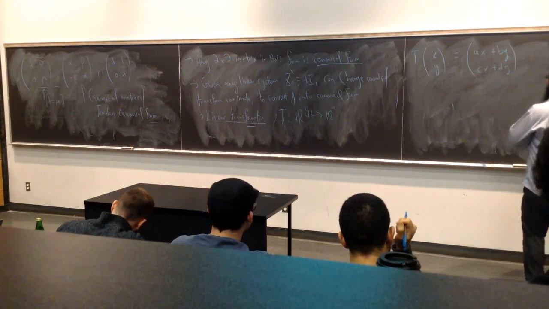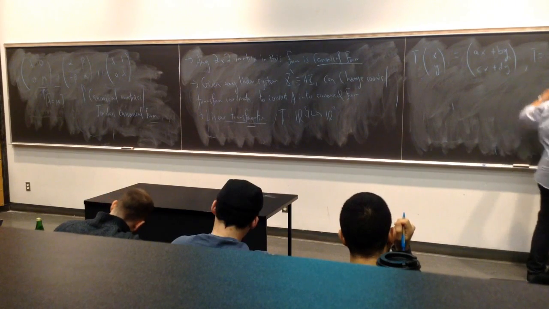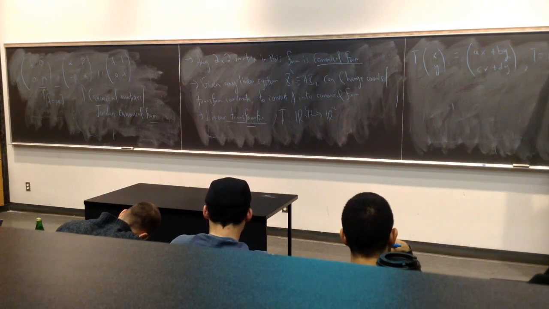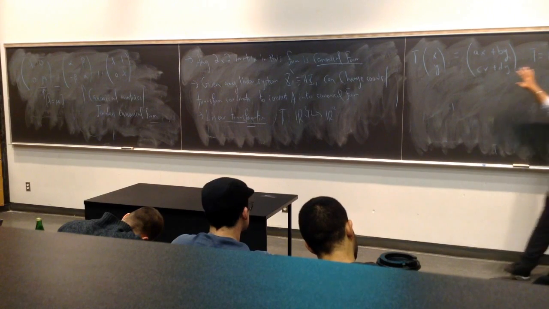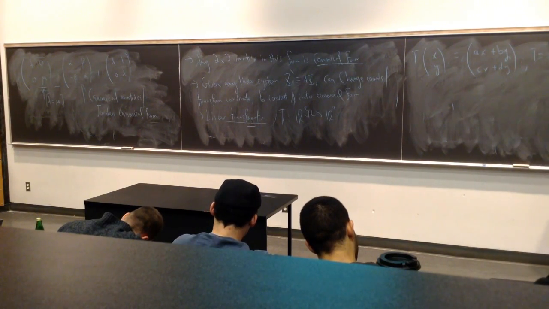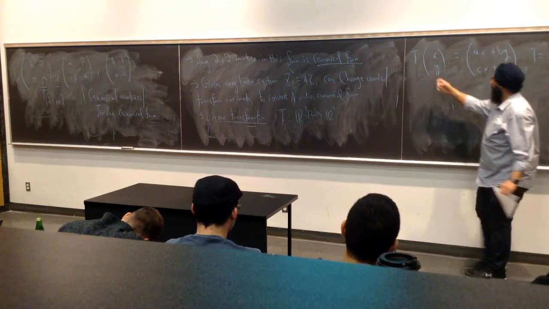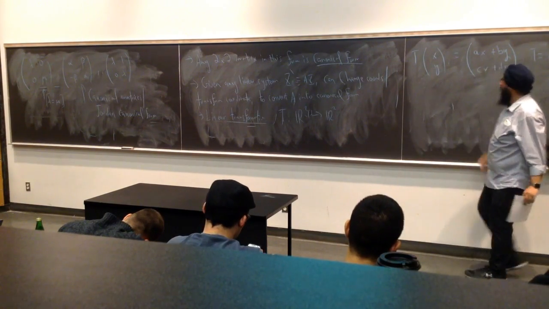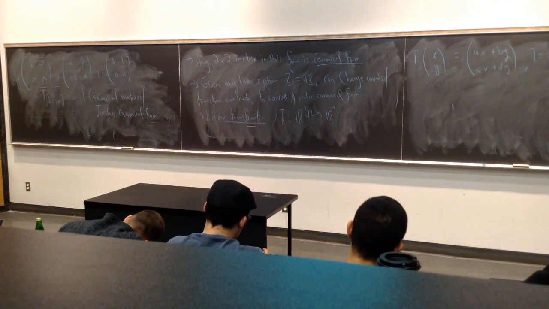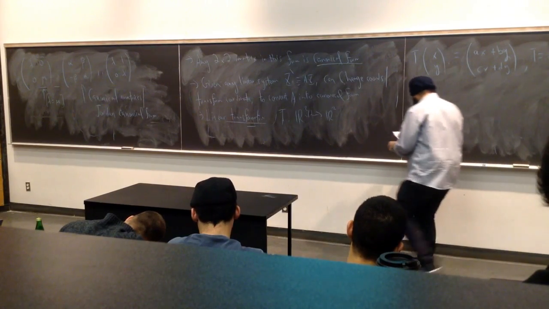So as you can see, T must have the form [a b; c d]. Take [a b; c d] times (x, y), you get this. So this is my transformation that operates on this 2 by 1 vector and gives you another vector. So that's the first thing.